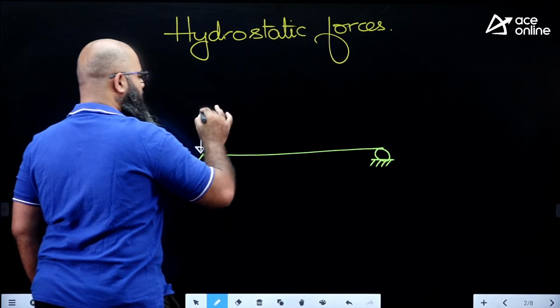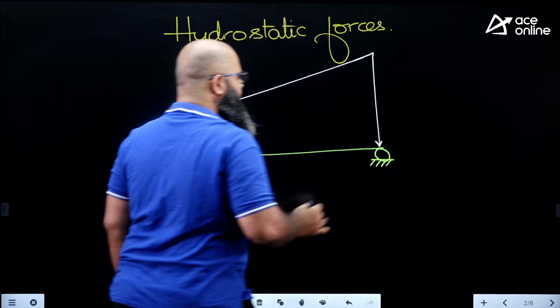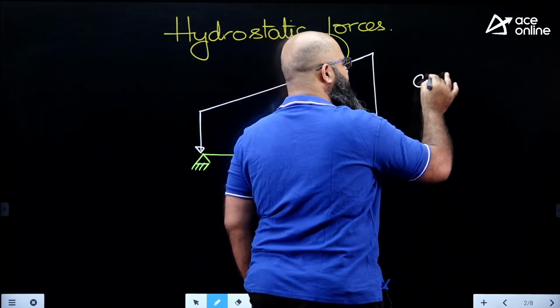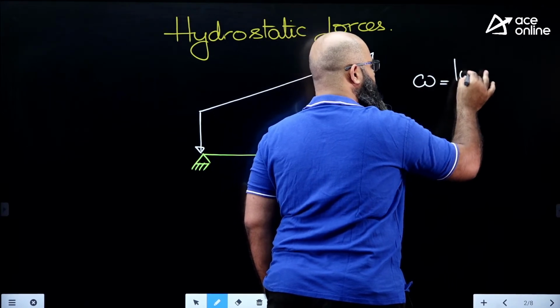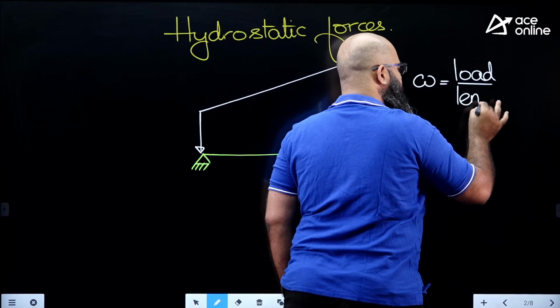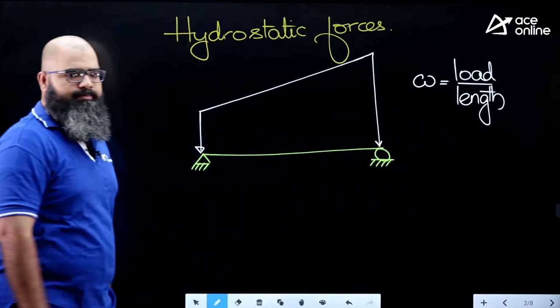There is some intensity of loading which is gradually growing up till this value. This intensity of loading, let us say, is represented by W. W stands for load per unit length.